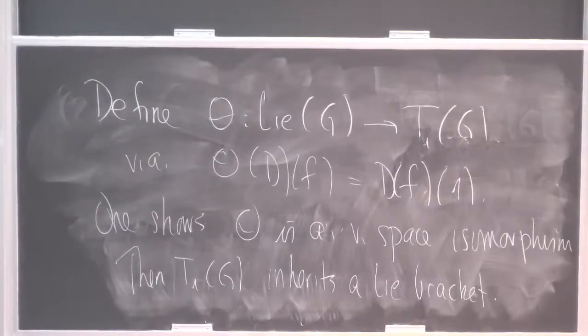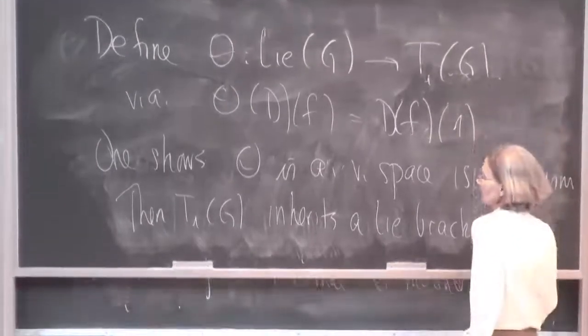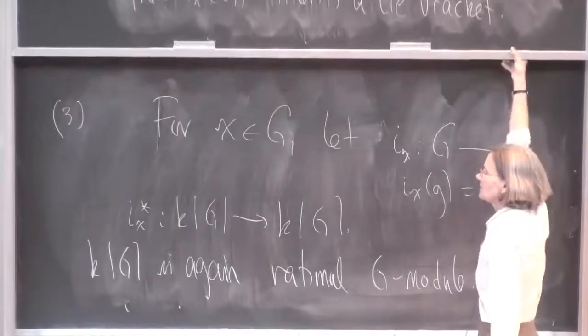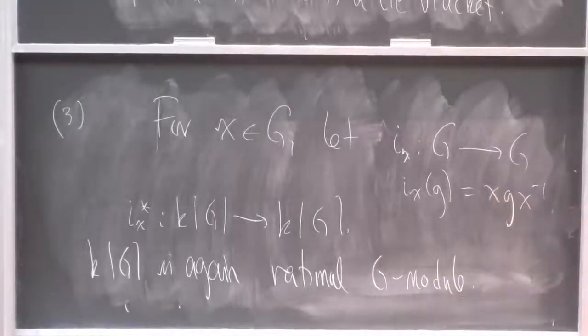Moreover, if I have a morphism between two groups, well, actually between two varieties, but I'll say it here for groups because that's what we're talking about.